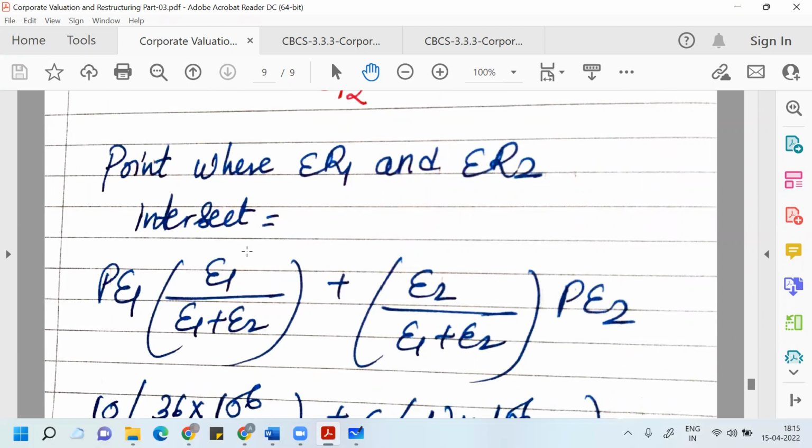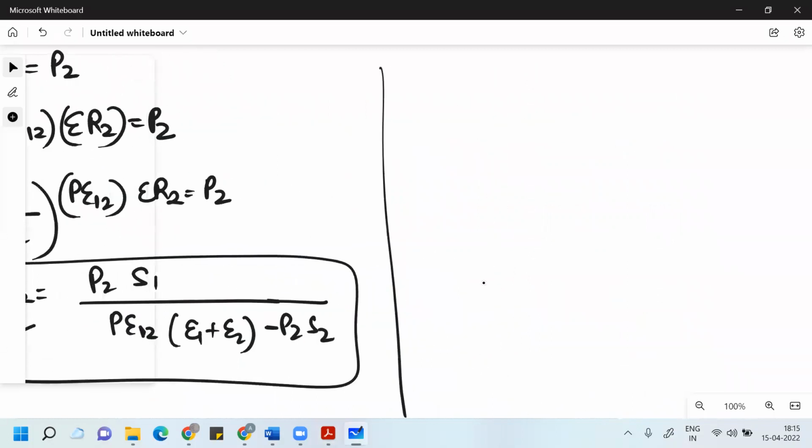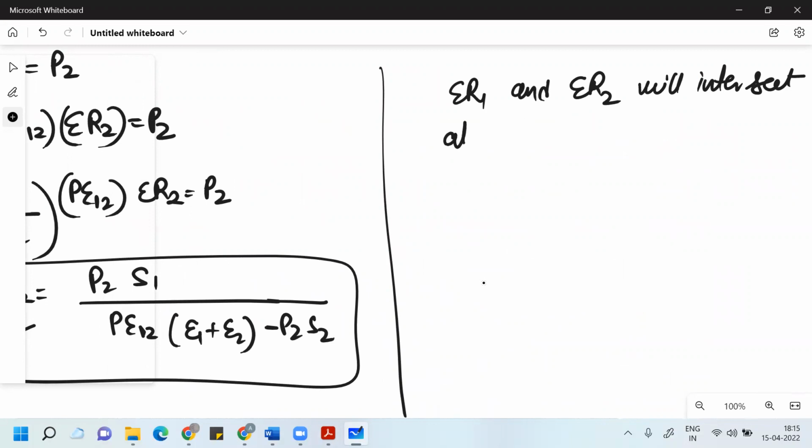For that, you just need to find the weighted PE ratio of the combined firm. ER1, the maximum exchange ratio, and ER2, the minimum exchange ratio, will intersect at the weighted PE ratio of the combined firm.